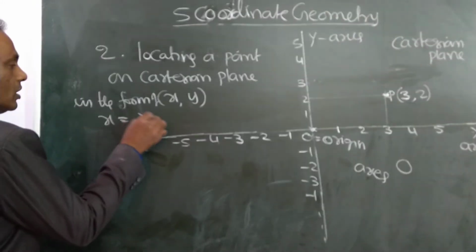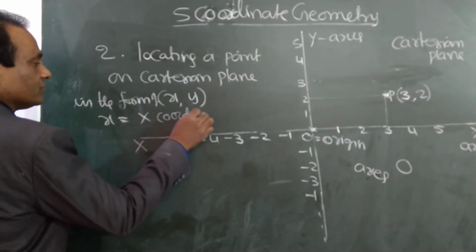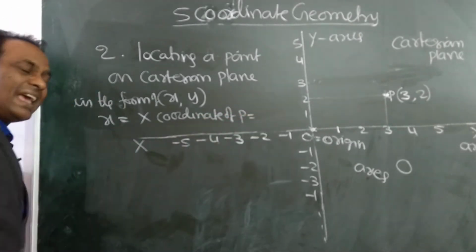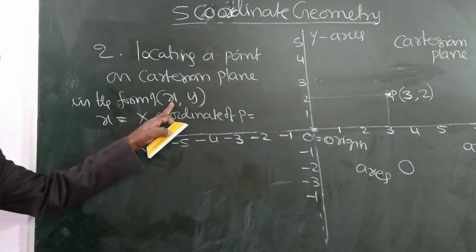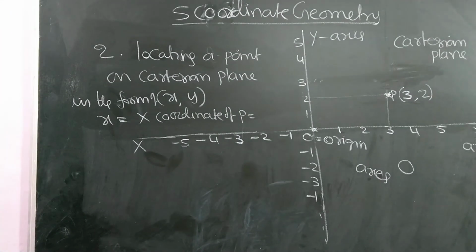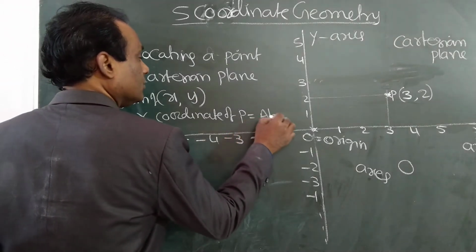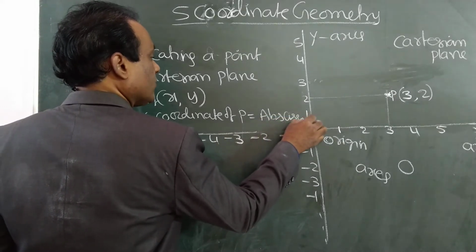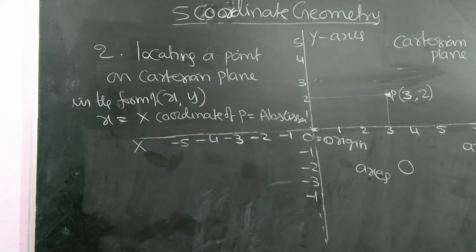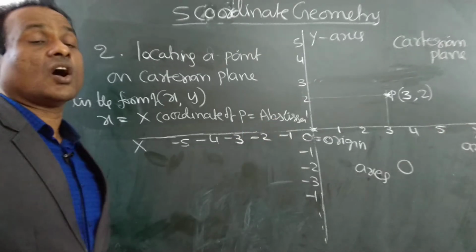x is the x coordinate. This first one is called the x coordinate, or abscissa. Abscissa means x coordinate: A-B-S-C-I-S-S-A.